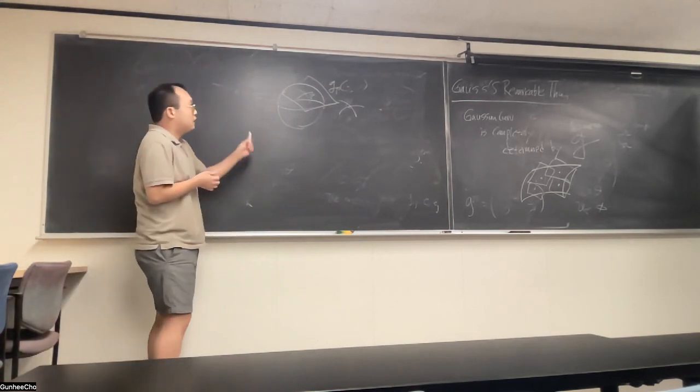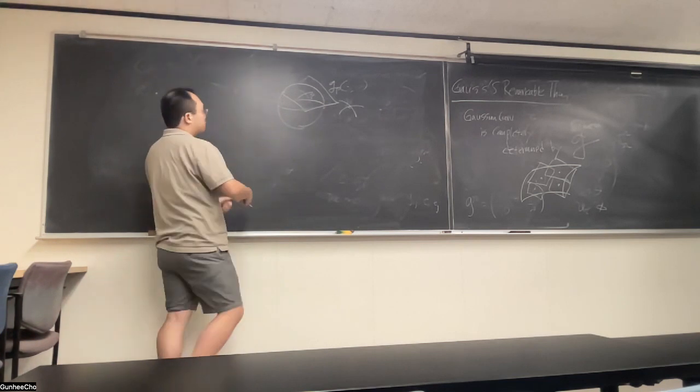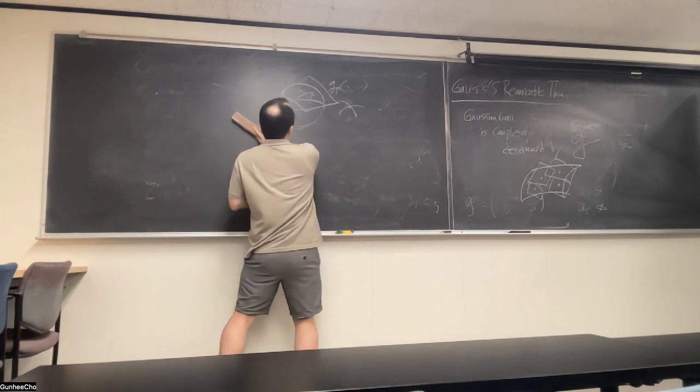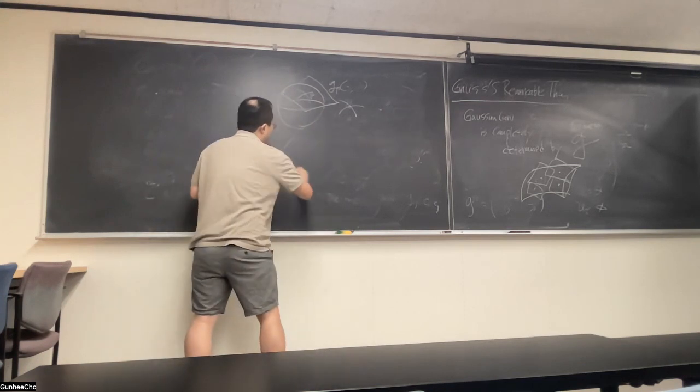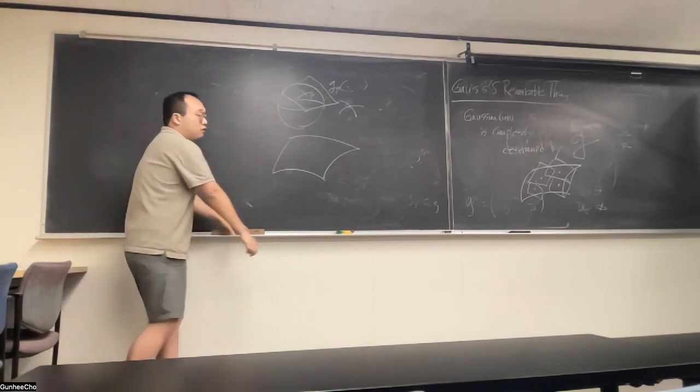And now let me give you the expression of the Gaussian curvature so that you can appreciate why this is really remarkable. This was also presented by Sammy before. Let me just draw a general surface, and let me choose a point.